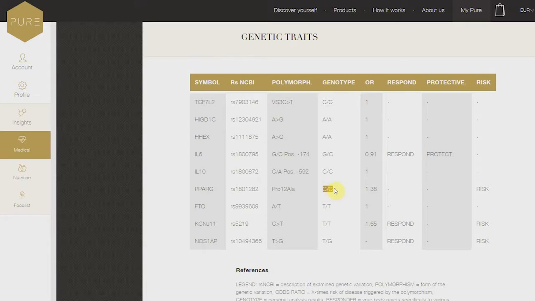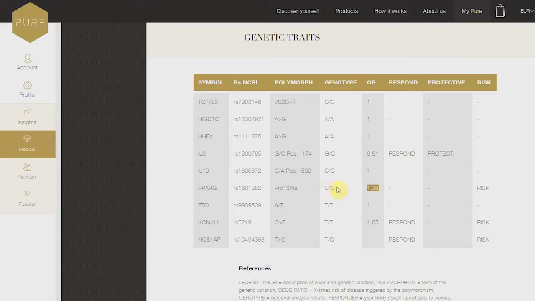Here, in this genetic variation, this means it is an increased risk of disease, and this has an odds ratio of 1.38. This means this person with CC has a 1.38 times higher risk of developing the disease. So it's higher than 1, it's 1.38. So in other words, 38% higher risk of developing the disease.